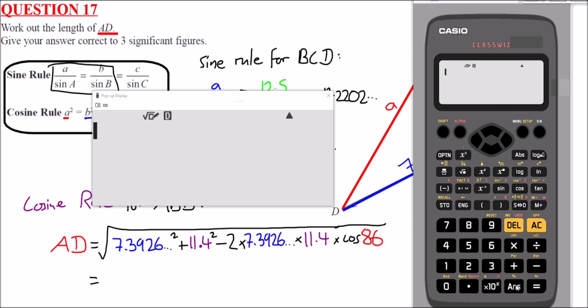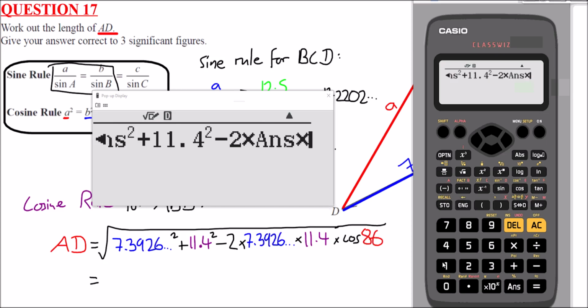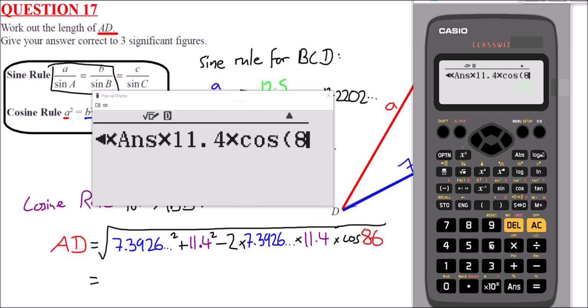So just leave it by pressing ANS. So it's the square root of this number here, squared, which is ANS squared, plus the 11.4 squared, minus 2 times that 7.39, which is stored as my answer, multiplied by 11.4, multiplied by cosine 86.